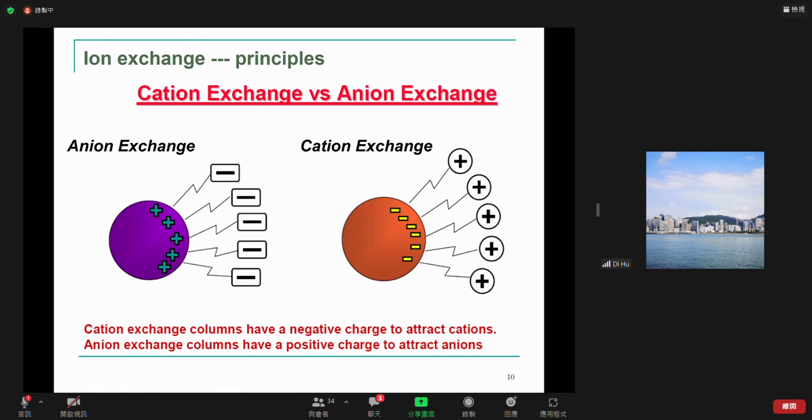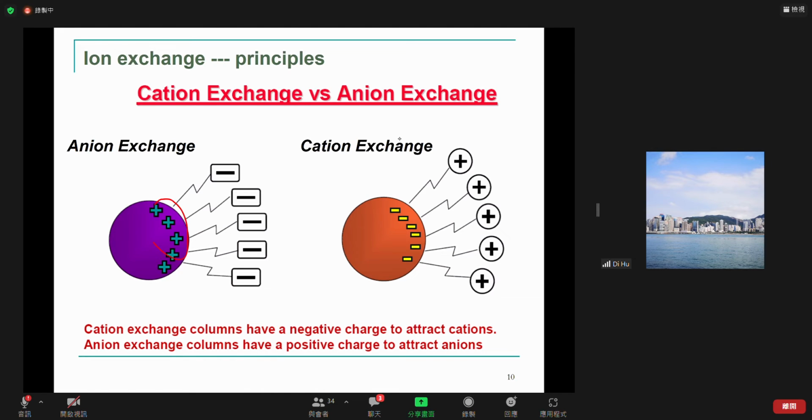Now we come back to ion exchange chromatography. We mentioned that it can be separated into anion exchange and cation exchange. An anion exchange column is going to retain anions, so the stationary phase should be positively charged to attract anions.